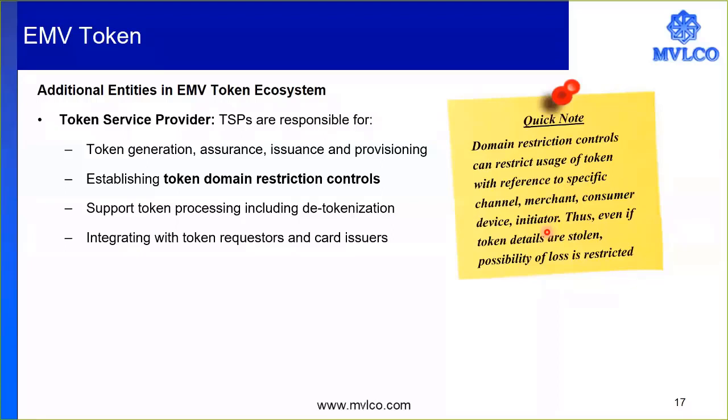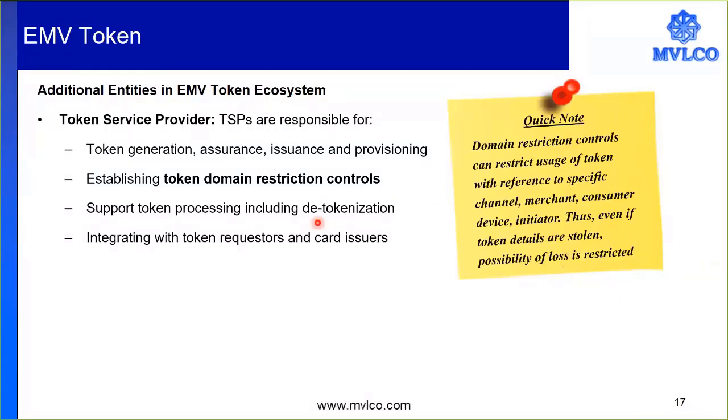So in these cases, the subsequent transaction would be initiated by a merchant, not a card holder. So I can restrict the usage of payment token based on the initiator as well. So the whole idea behind this is that even if these details are stored, the possibility of loss gets restricted. So that is as far as my token domain restriction controls are concerned.